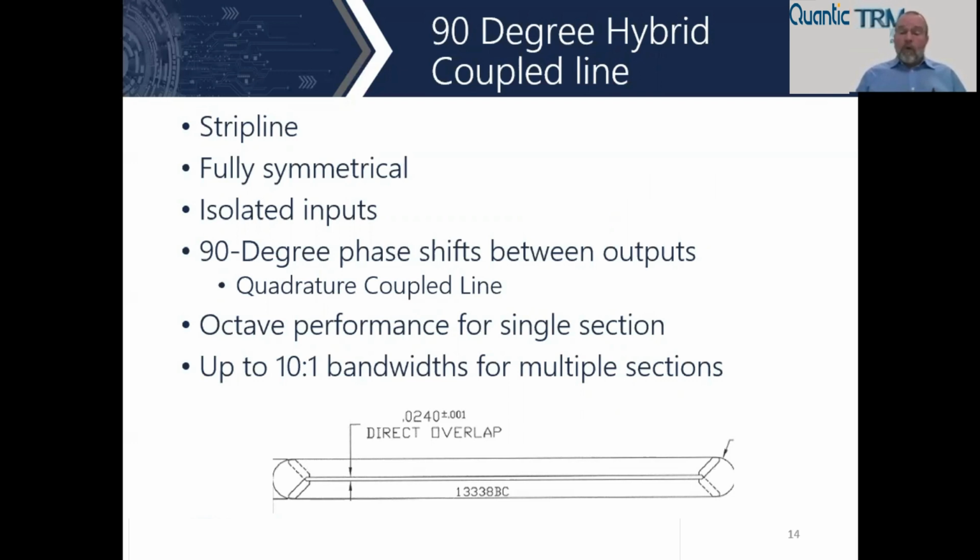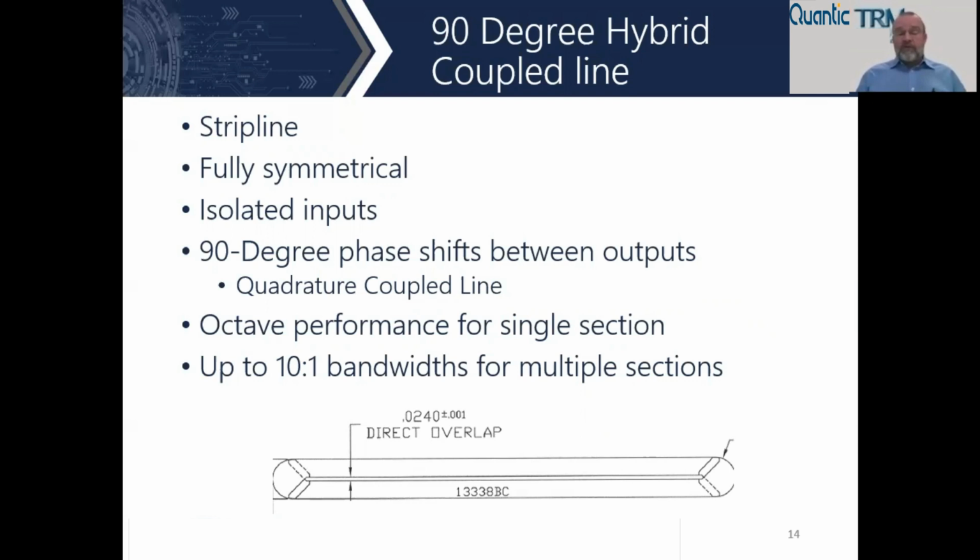This is one way of generating a 3 dB power split, by taking half the energy from one line and having it couple over to the other transmission line. This is a little bit of a precursor to the directional coupler discussion that we're going to be having. But this happens for the special case of a 90-degree hybrid where half the power is coupled across those lines.